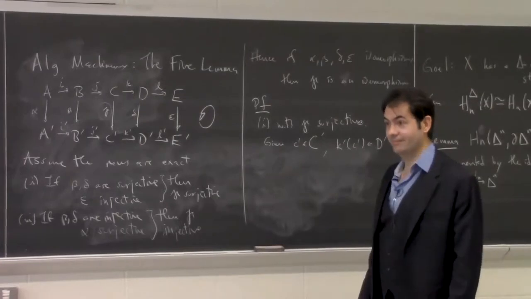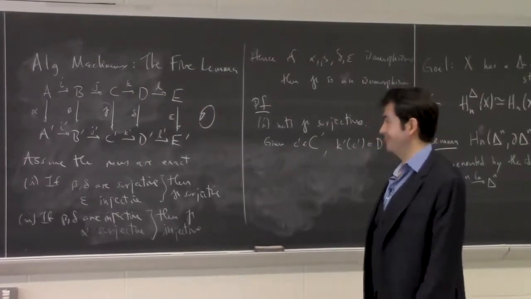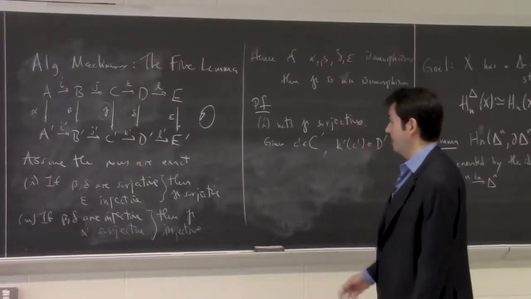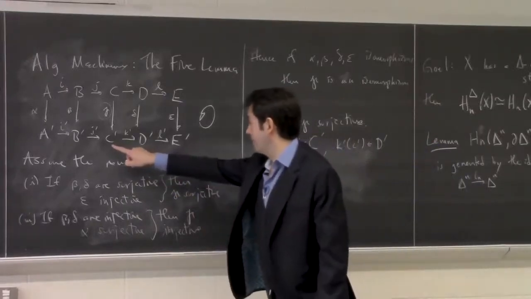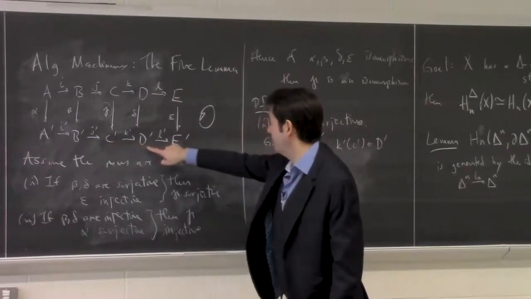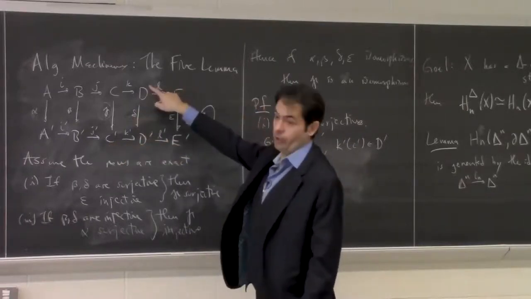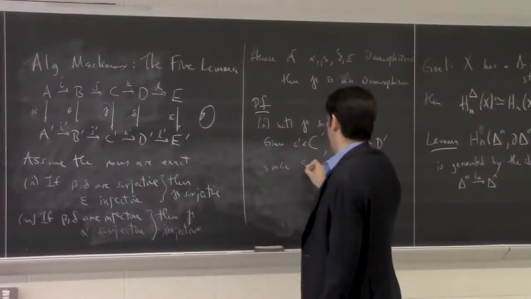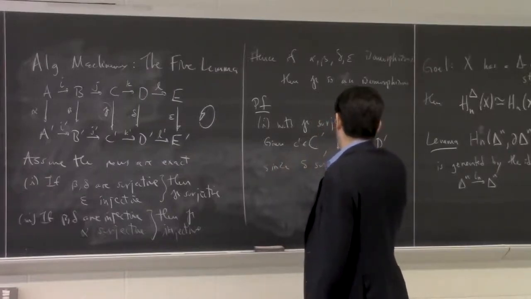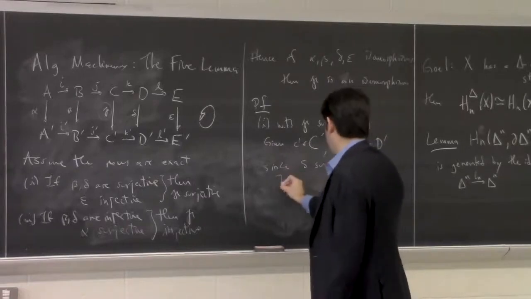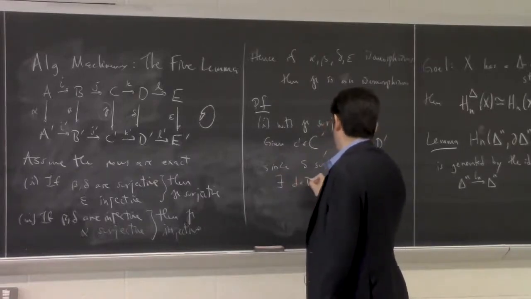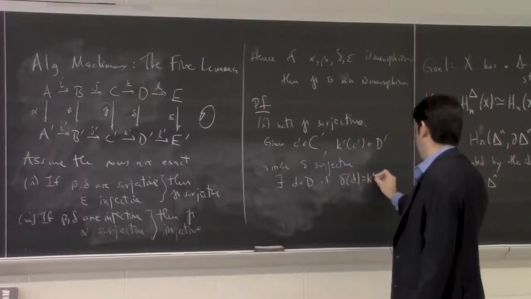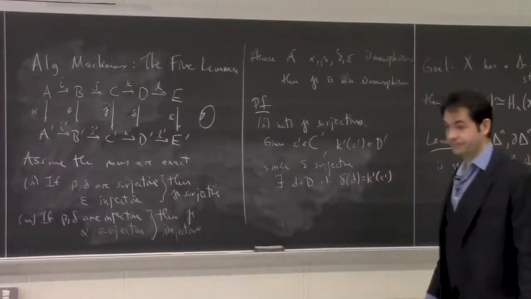Otherwise, what's the point of the entire lower half of the diagram? That's right. Okay, perfect. So we start here, so we can move this way, and now we use that this is surjective to go up. Since delta is surjective, there exists D in D such that delta of D is equal to K prime of C prime.